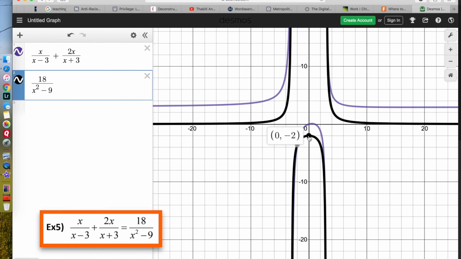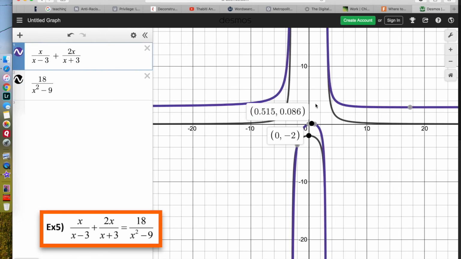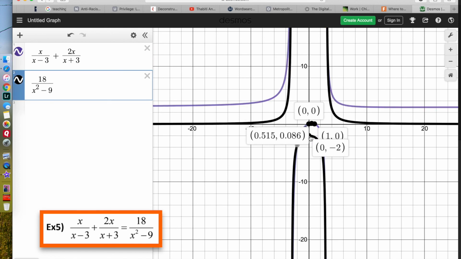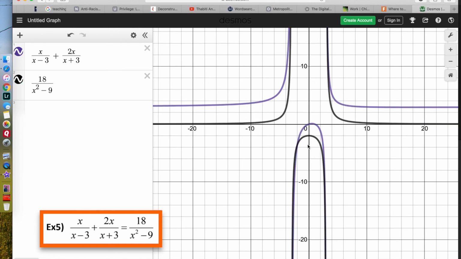Now, again, this point here, that's a local maximum, and on the purple graph, that's a local maximum. We've got x-intercepts. And if there were a y-intercept, the local maximum here is also a y-intercept.